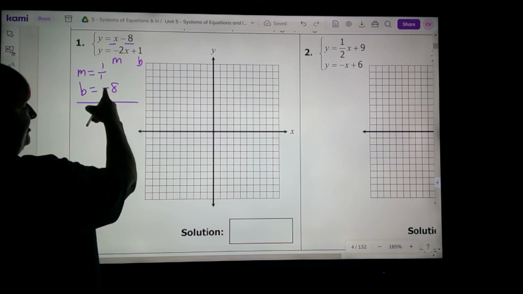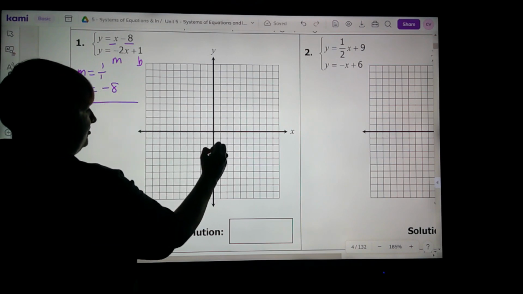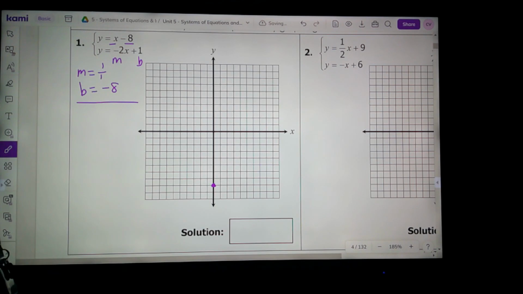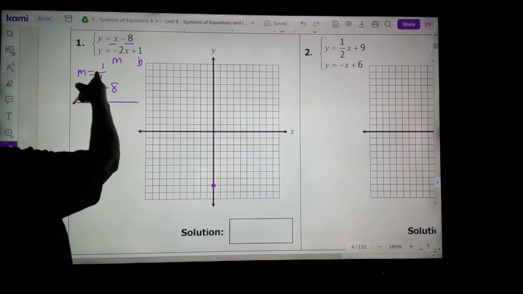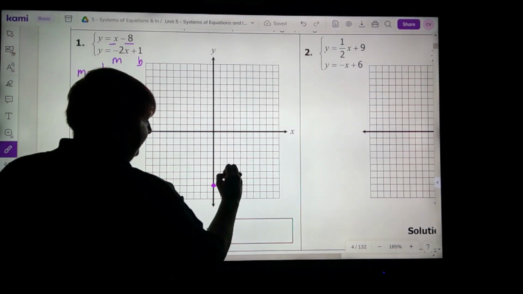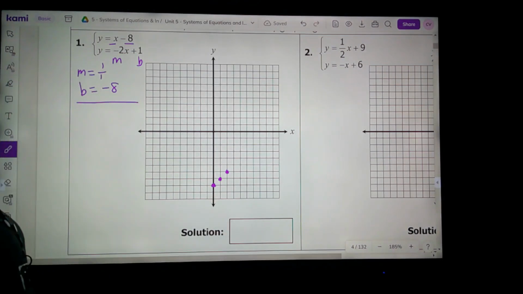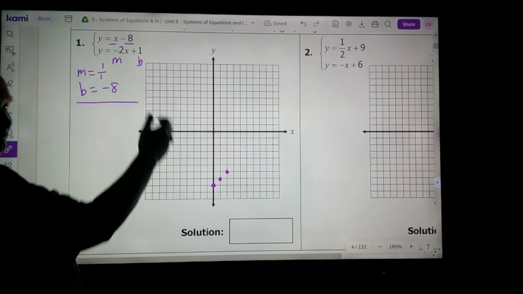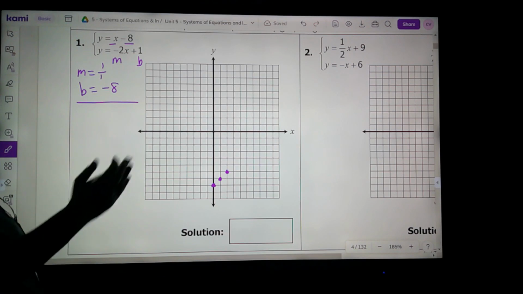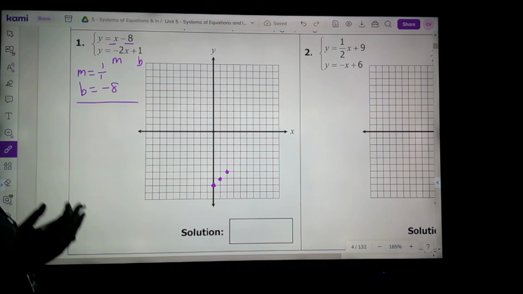So I'm going to graph this first at negative 8. 1, 2, 3, 4, 5, 6, 7, 8. It's good. Negative 8, so I went down 8. Rise over run. And my slope is 1 over 1, so I'm going to go up 1, right 1, up 1, right 1. And because we're doing two different equations and we're trying to figure out where they intersect, it's smart to go ahead and graph as many points as you can, because you don't know which one is your solution, right?